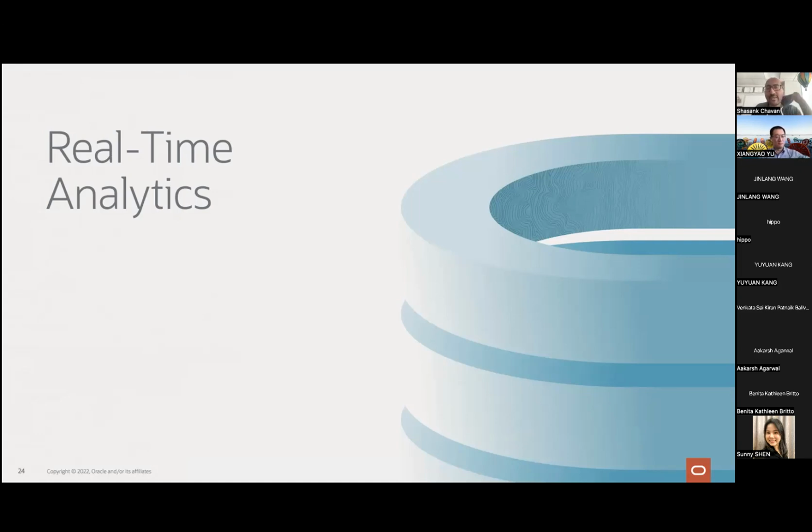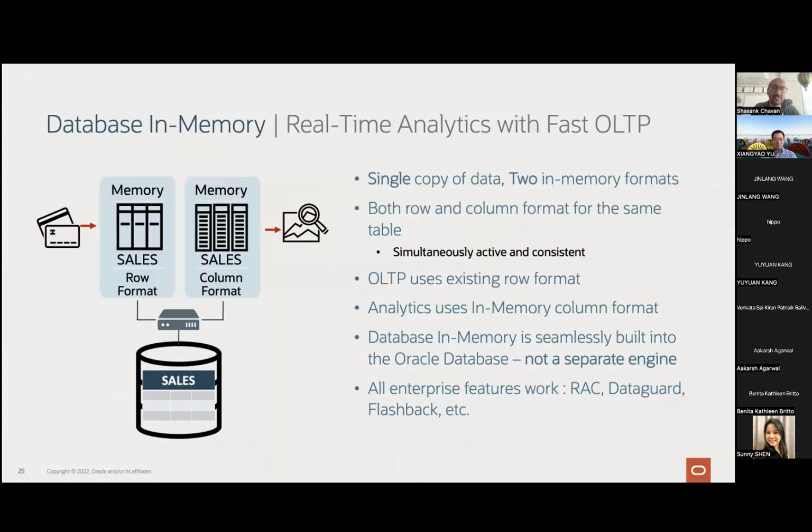So how do we get immediate responses based off of the data being ingested? We have a solution called database in memory, which is basically bringing a column store into our database.